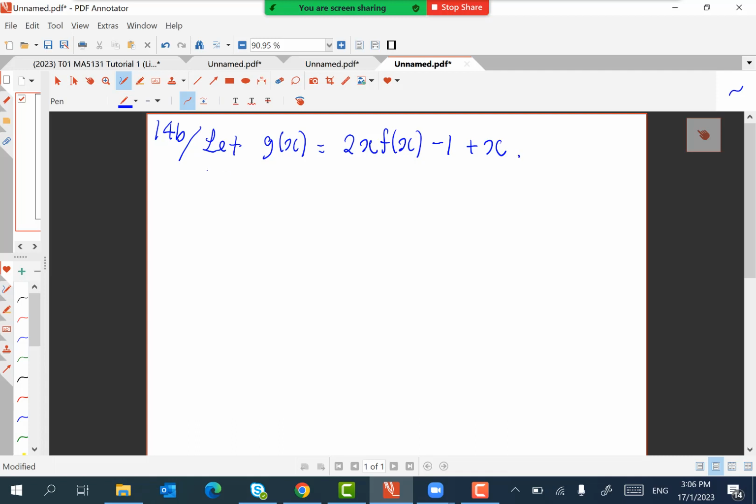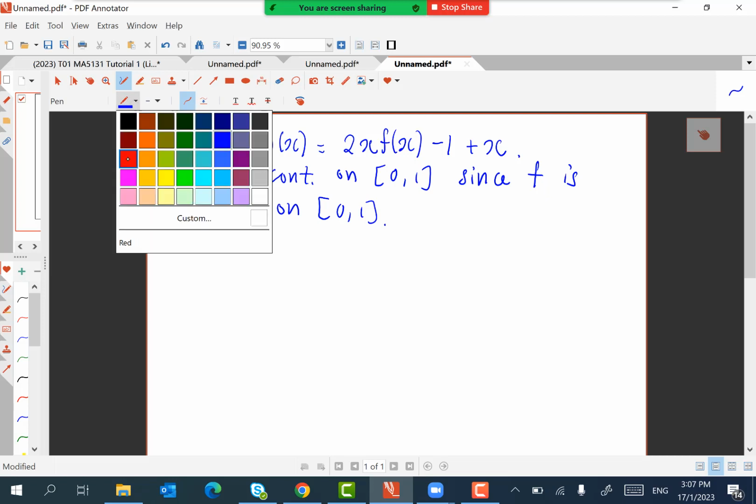And say that g is continuous on [0,1] since f is continuous. Okay, so the continuity is established.